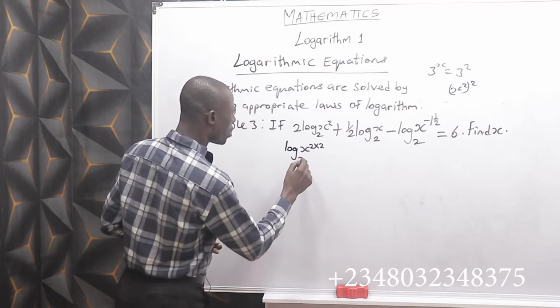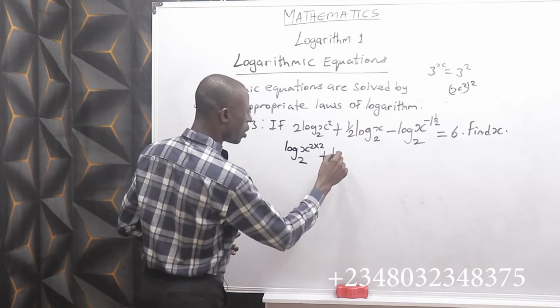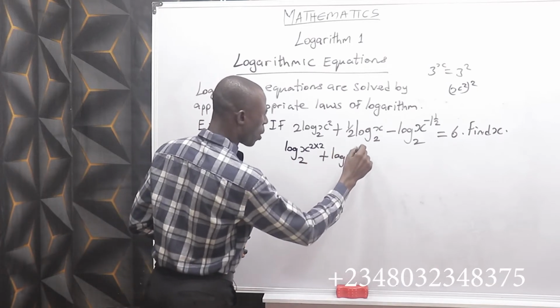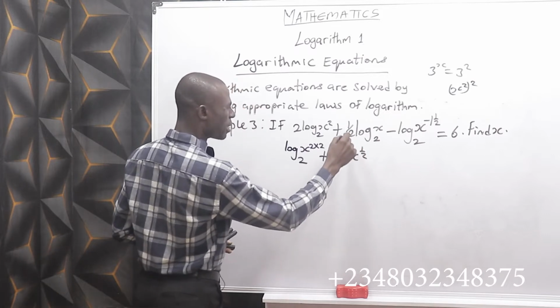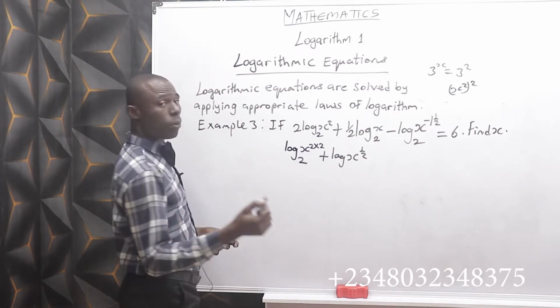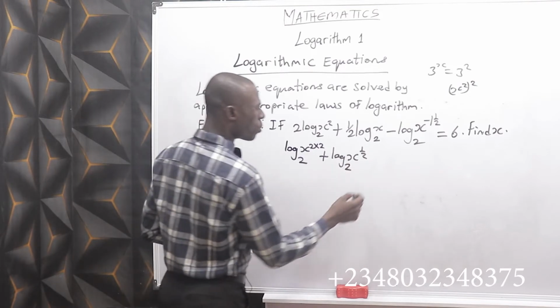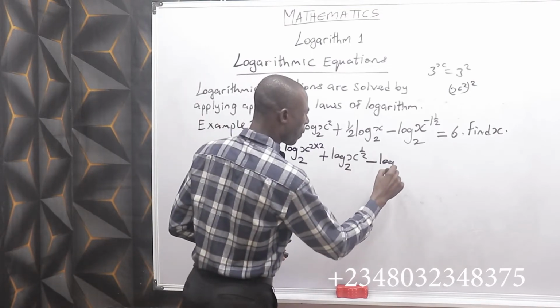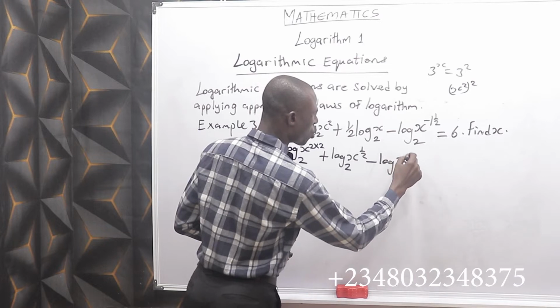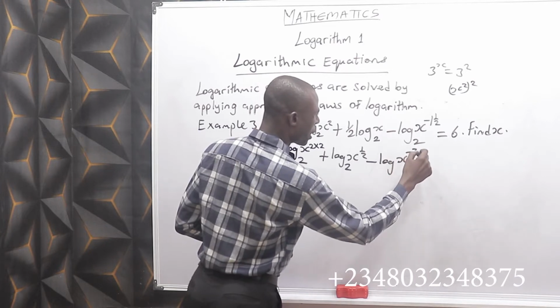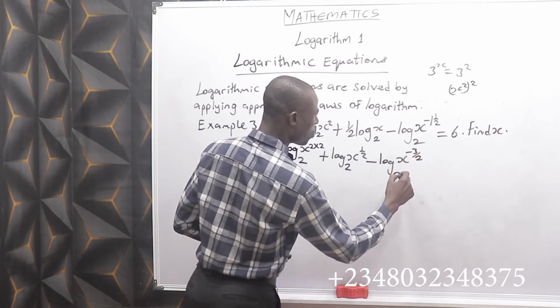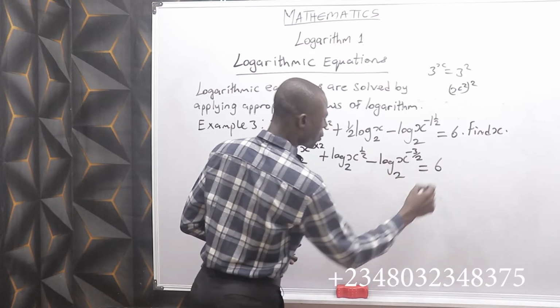So, base 2 plus log x raised to power half. This half, I take it to the front to form the power of the number of the logarithm, base 2, minus log x raised to power minus 3 over 2, base 2 equals 6.